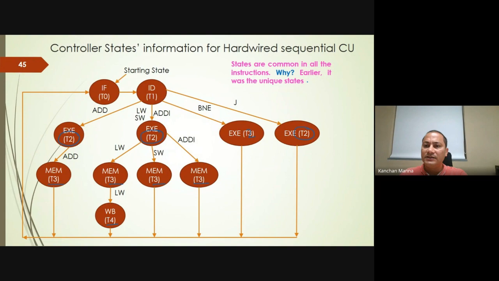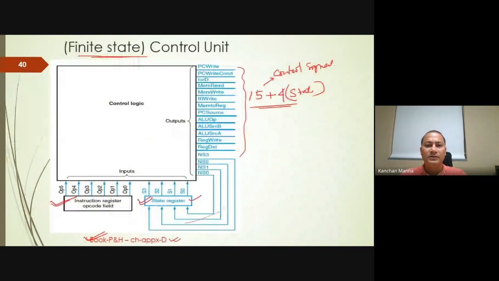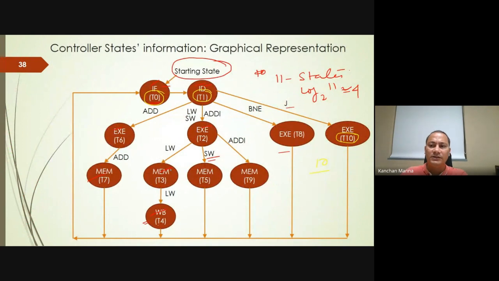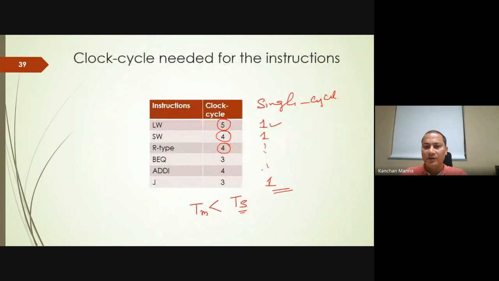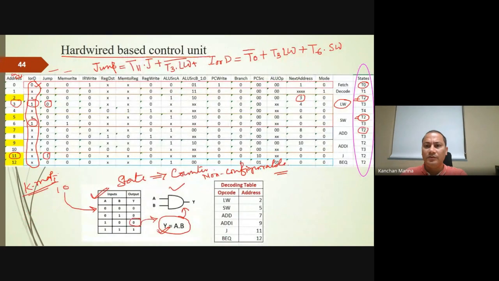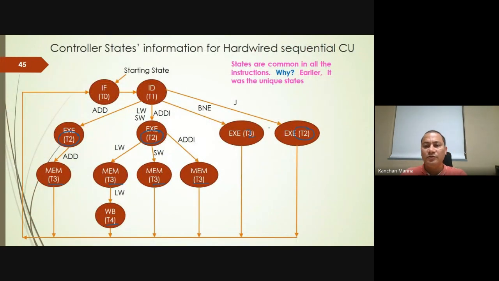In the earlier case, the sequence was unique; these were unique states. So why are things repeating? Because we are generating this state using a counter, and the counter is not configurable, or not loadable.